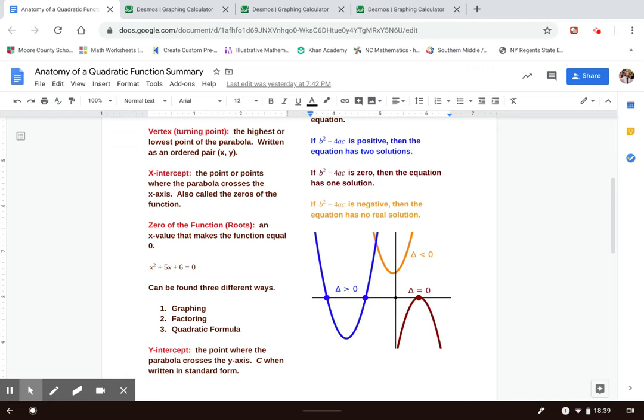So if you look at the orange graph, you see that that graph does not touch your x-axis at all. So there is no solution, or there is no x-intercept to that function. Okay, so what we're going to do now is I'll show you how we use this.